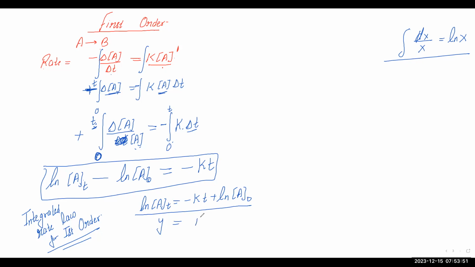Y is mx plus b. Tell me the coordinates of the graph. What should I take here? And what should I take here? Look at this equation, straight line. Ariba, Naisha, Azuni. Yes, what should I take here on this?